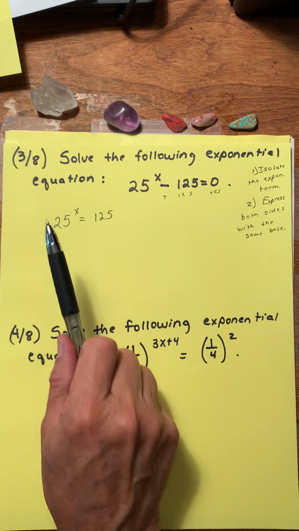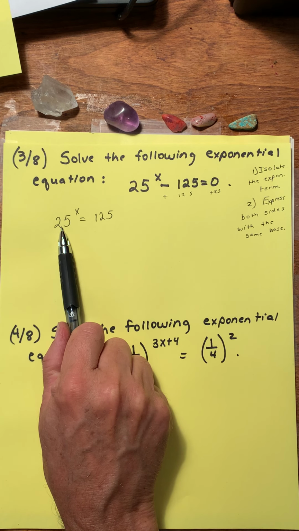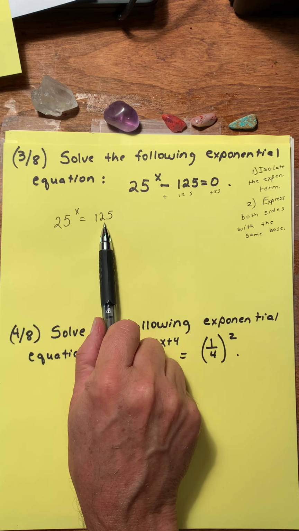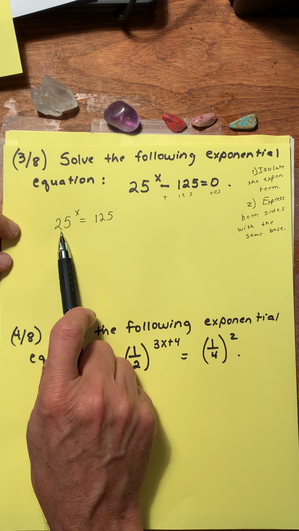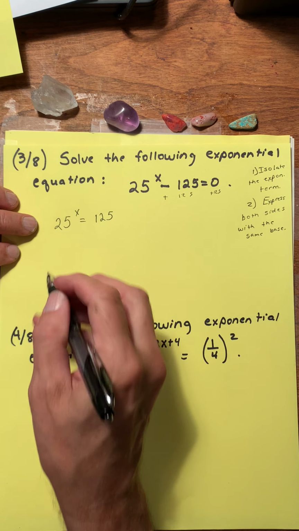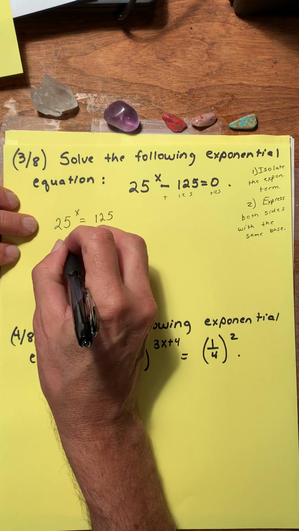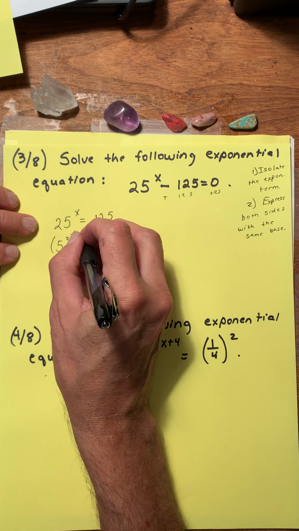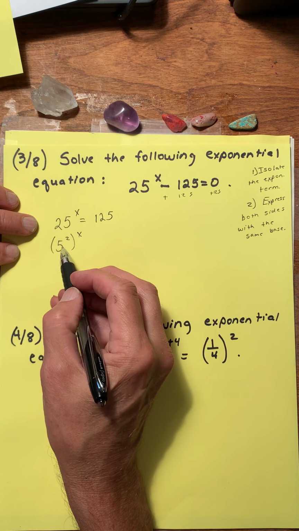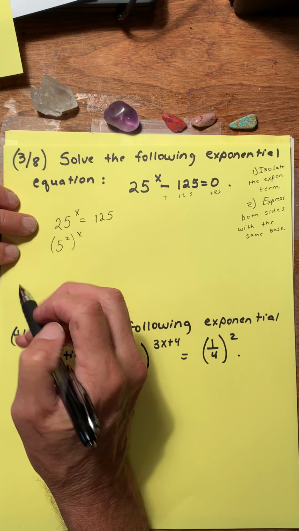Well, that doesn't take a lot. Look at 25 and know that that's 5 squared, right? And you have a little chart that says 125 is 5 to the third. So in the place of 25, I'm going to put 5 squared. But remember, it's 25 to the x, right? So in the place of 25, all I did is put 5 squared.